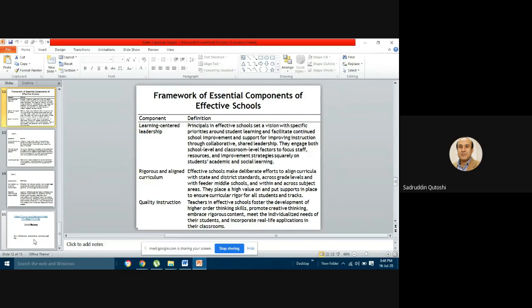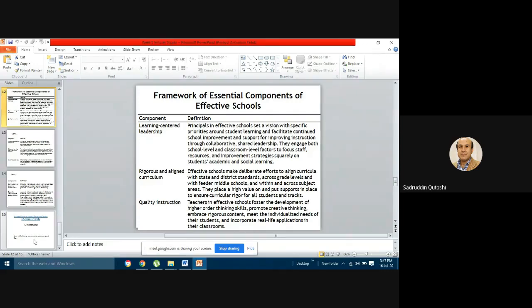For that, you need to be collaborative, you need shared leadership, you need to be engaged with school-level and classroom-level factors, and focus on your teachers' professional development, improving their teaching skills, bringing all required resources to install in your school, and training your teachers how to teach effectively in their classrooms.